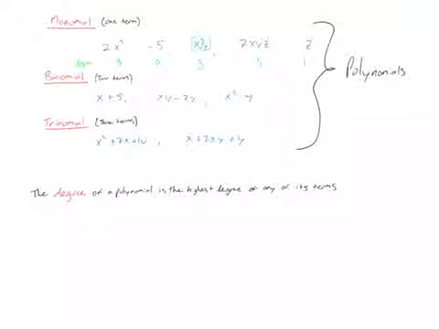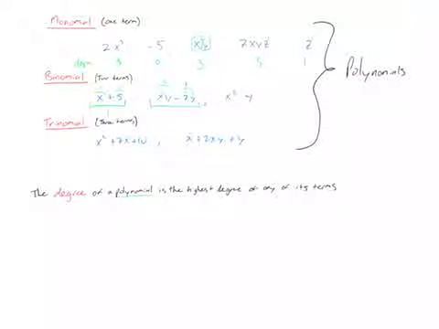So the degree of any polynomial, the whole thing combined, is going to be the highest degree of any of its terms or any of its parts. Looking at this binomial, the degree of this one is 1, the degree of this one is 0, so the degree of this whole thing is going to be 1. This one's 1 plus 1, so the degree of that part is 2. This one's 0 plus 1, so the degree of that one is 1.